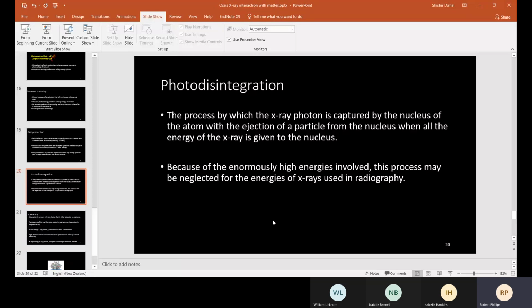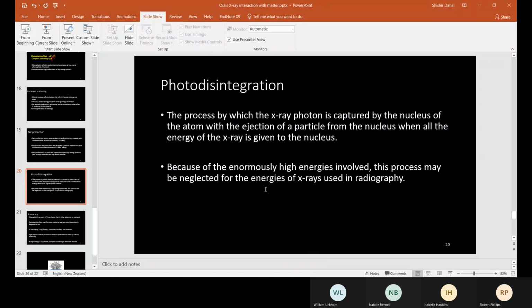When an X-ray photon is of extremely high energy, more than 20 MeV, and it interacts with the nucleus of the atom, the whole X-ray energy is absorbed by the nucleus, and the nucleus starts to produce particles, alpha particles, beta particles. That is called photodisintegration. But it doesn't occur in diagnostic radiology, because the energy of the X-ray photon is extremely high and we don't use it.